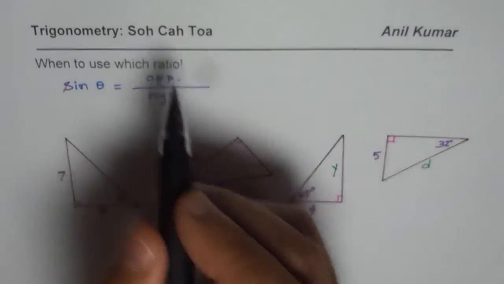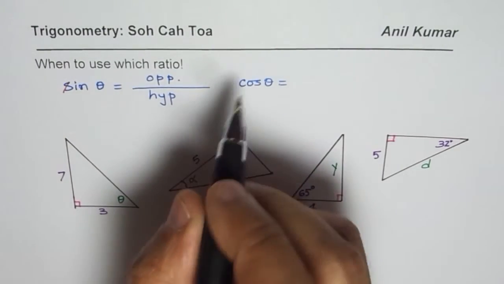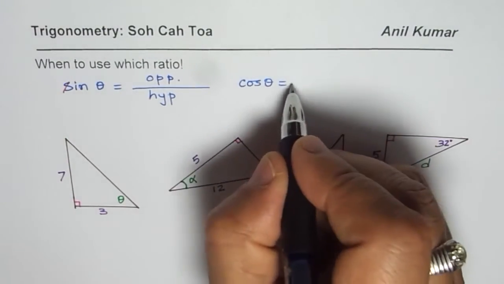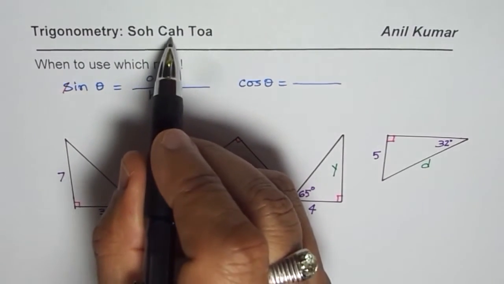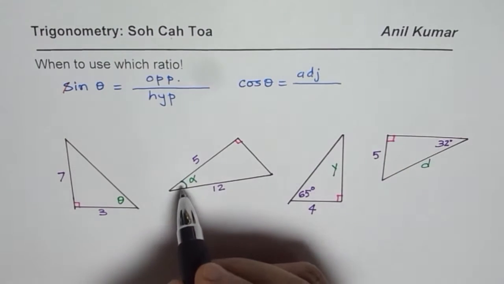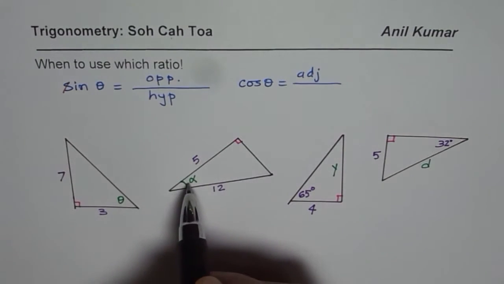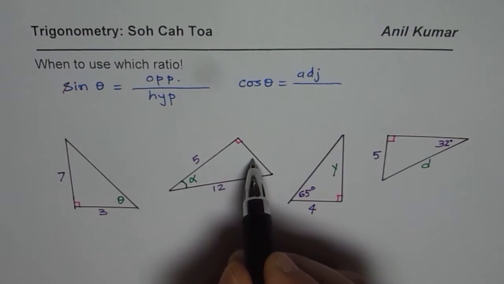But when we talk about cosine, then in that case cos theta, please note this is lowercase c, right? Cos theta is adjacent over hypotenuse. Adjacent side is the side between the angle and the right angle. Opposite side is the side opposite to the angle referred to.